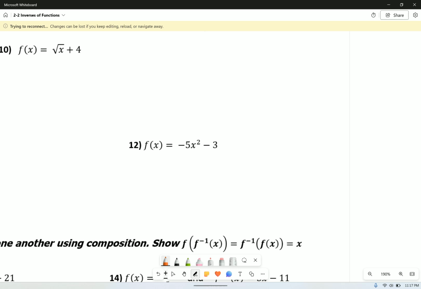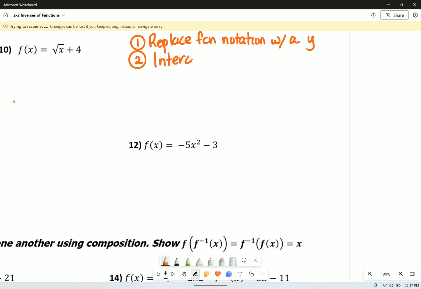When it comes to finding the inverse of an equation, the first step that I want you to make sure you do is I want you to replace your function notation with a y. And then once you do that, I want you to interchange your x and your y.